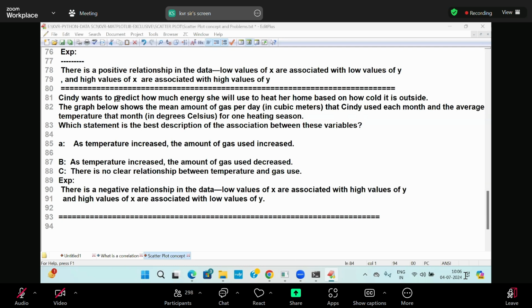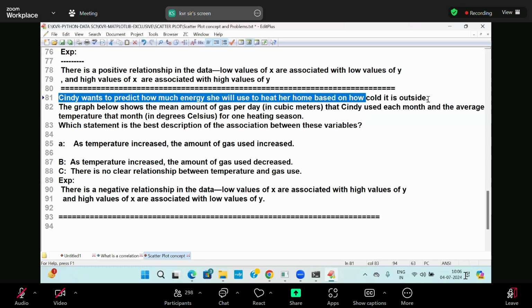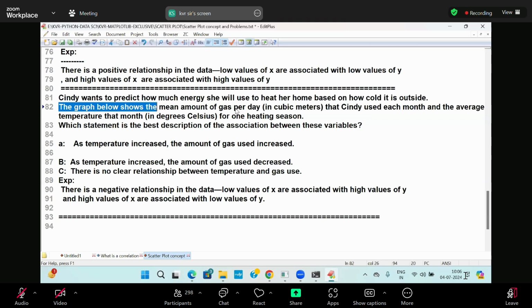Students, come. Cindy wants to predict how much heat energy she will use to heat her home based on how cold it is outside. The graph below shows the mean amount of gas per day in cubic meters that Cindy used each month and the average temperature of the month in degrees Celsius in the heating region.